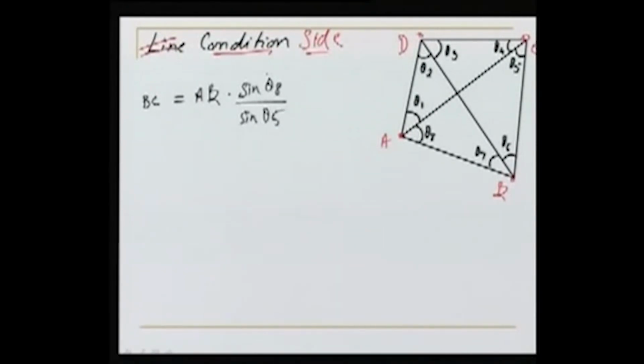And of course these are theta 8 hat and theta 5 hat. The figure will be closed not for the observations but for the adjusted observations. That's why I am using theta hat.